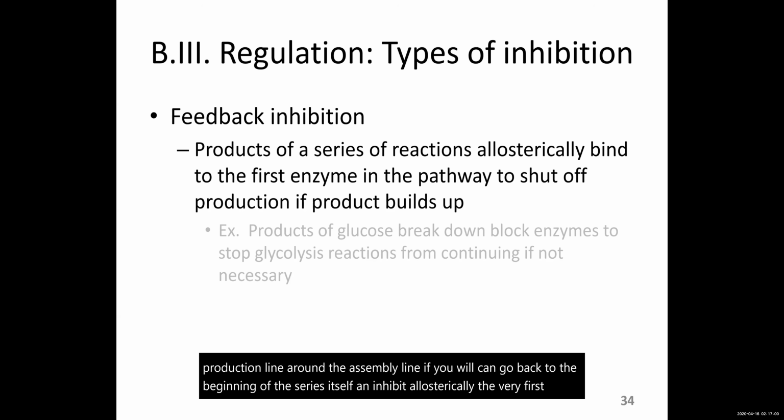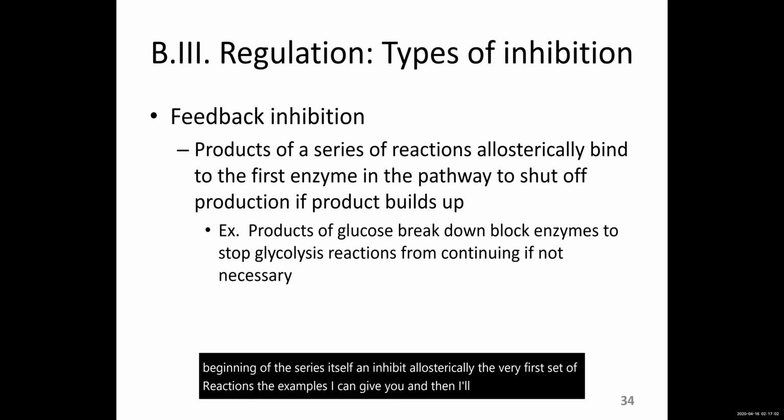The example I can give you, and then I'll give you a visualization behind it, is when glucose undergoes those 6 steps that we had mentioned before, we'll cover those in a moment: the very last step in that production can actually go back to the very beginning and stop everything from working.